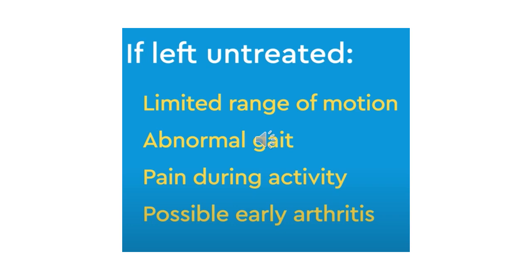After walking age, the child starts to have an abnormal gait, as discussed before, and the affected patient will always have a limitation in the range of movements. And with getting older in age, they start to have pain in the hip joint, usually after the age of 10 years, and with time they start to have early arthritis in the hip joint.